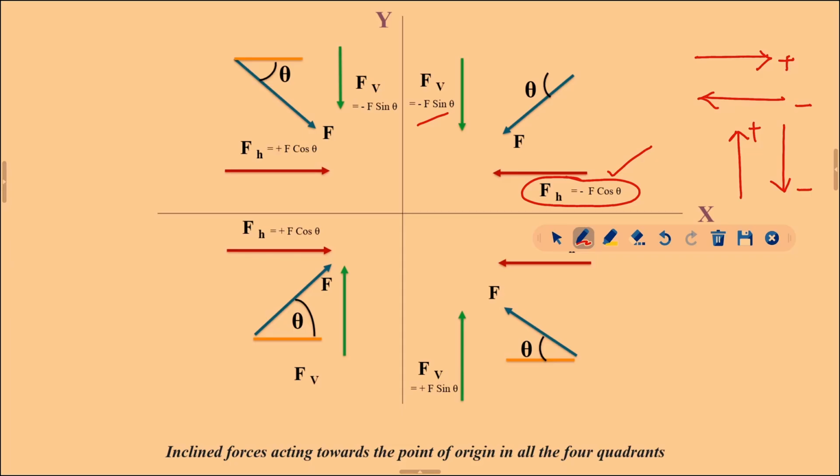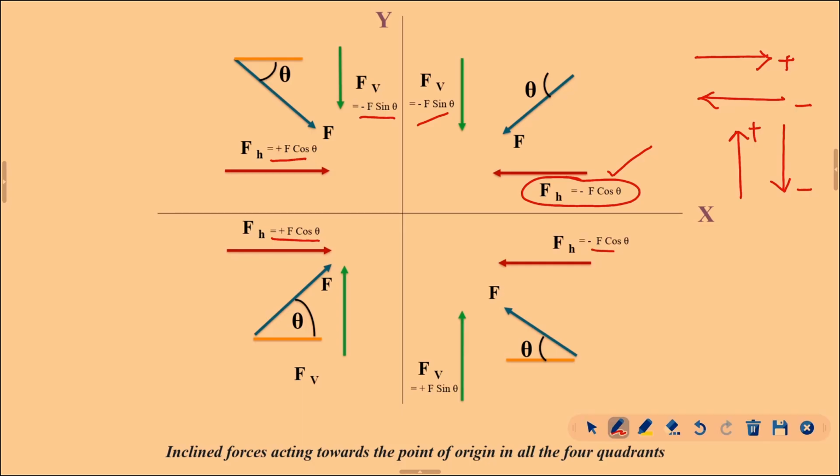Okay. And now, case 2, that is the second quadrant, my horizontal force is acting in this direction, so positive, acting downwards, negative. Similarly, third quadrant, horizontal positive, vertical positive will come. And then fourth quadrant, horizontal negative, vertical positive will come.